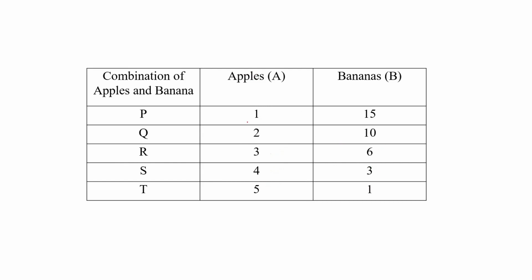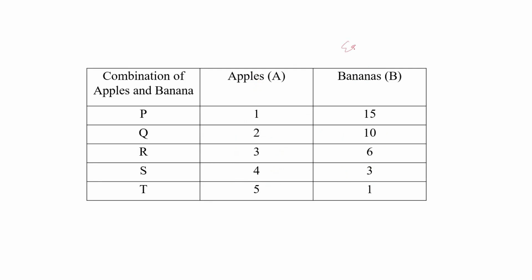That means if the consumption of one commodity is increasing, then it ultimately means that the consumption of the other commodity shall be decreasing. Only then there shall be equal satisfaction with the different combinations. If you are consuming more and more units of one commodity, you have to reduce the consumption of the second commodity.